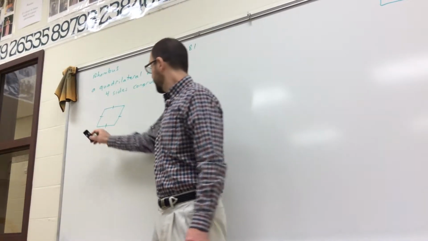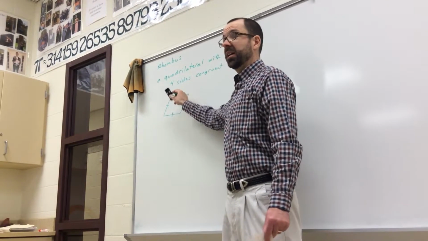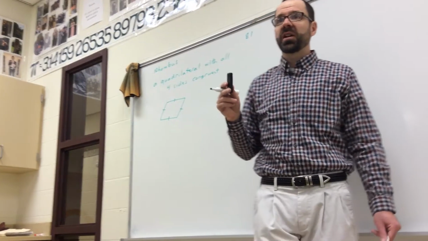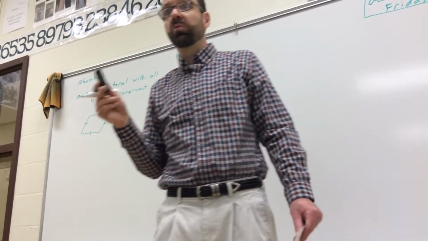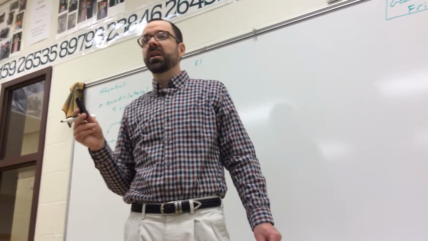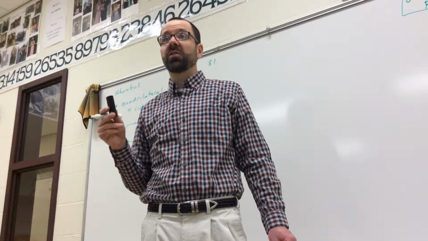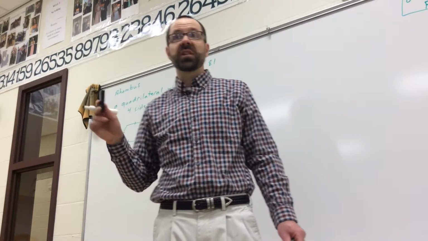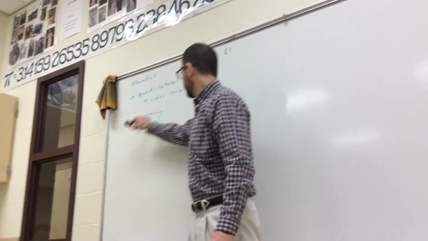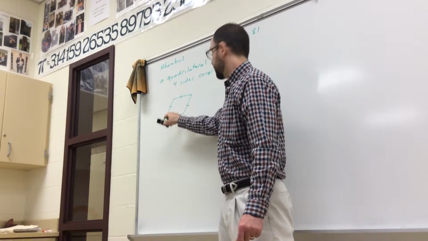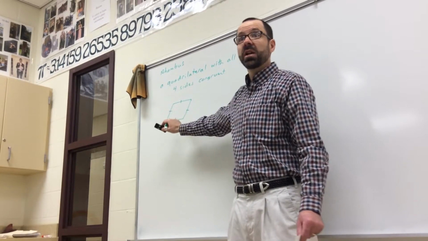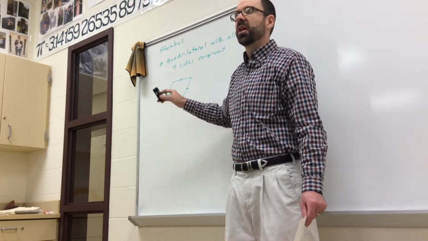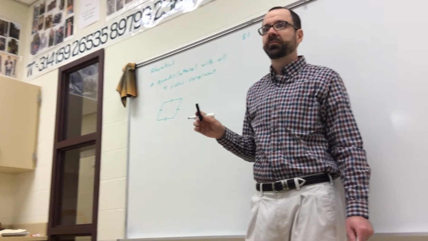And then also measure this side and this side. And if they're congruent, then you have two pair of congruent sides. And one of the ways to prove that something's a parallelogram is to show that it has two pair of congruent sides that are opposite. So that's happening here, right? This side is congruent to that side, and this side is congruent to that side. So this figure has two pair of opposite sides that are congruent, so that proves that it's a parallelogram.